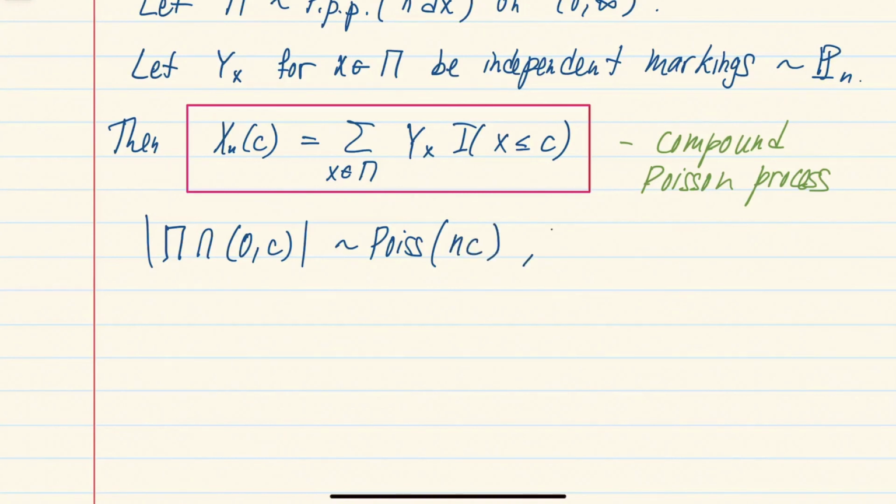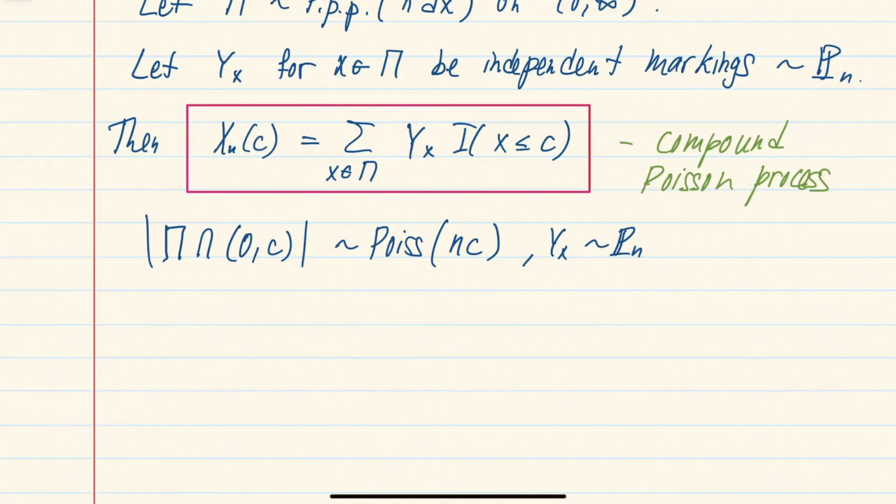And the markings are coming from the distribution Pn, so this sum for a fixed c has exactly the compound Poisson distribution that we want, corresponding to Poisson mean nc and distribution Pn.